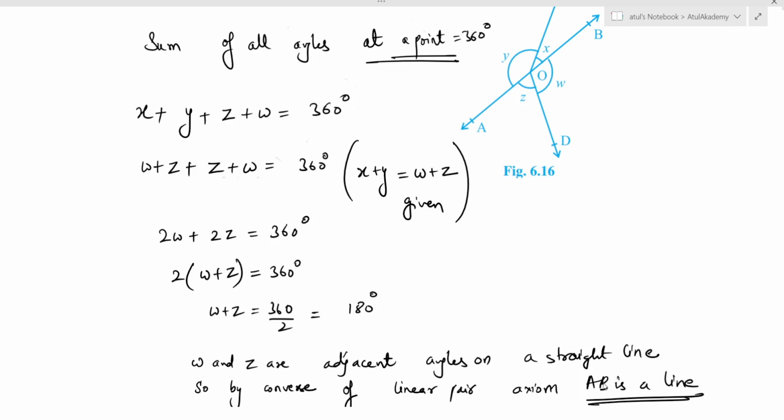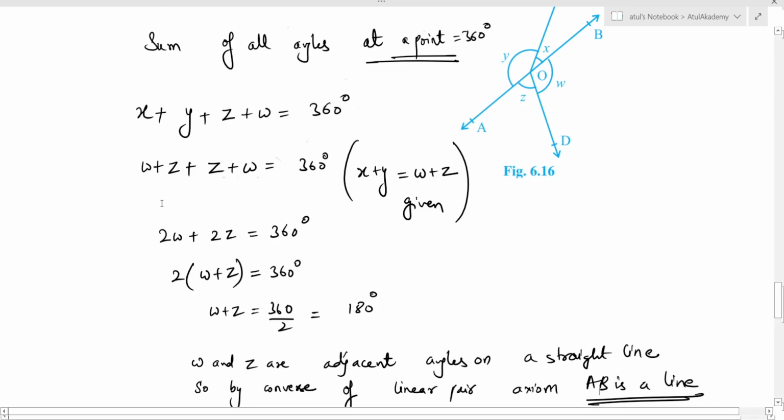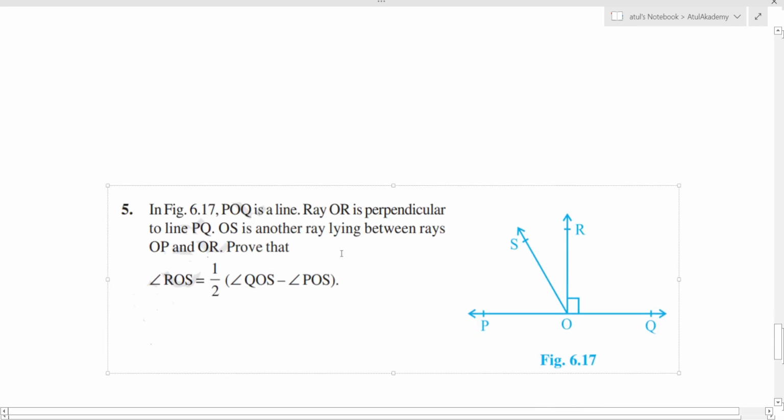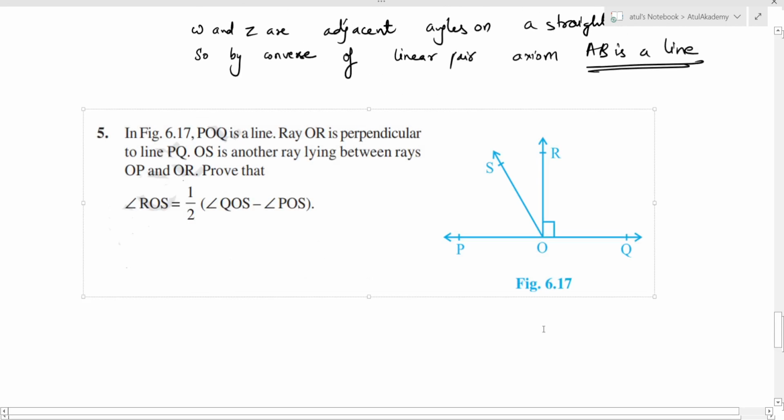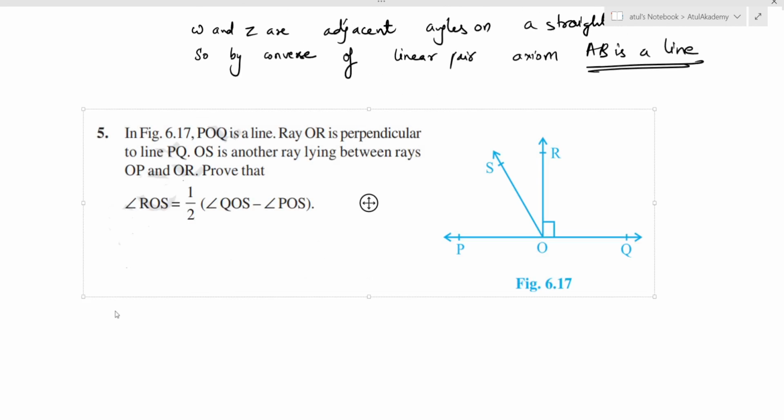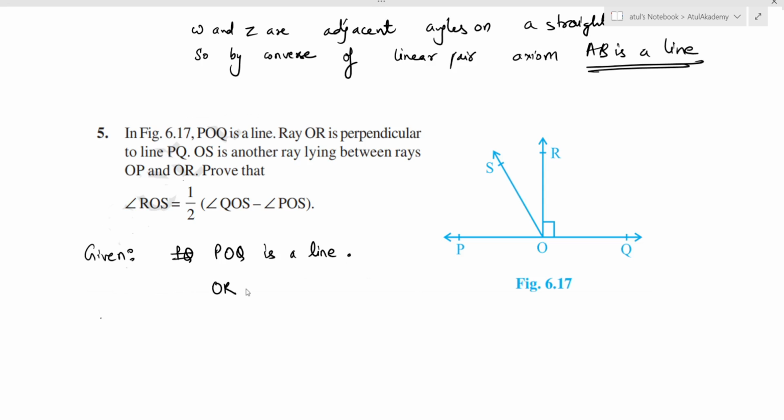Fine, students. Now let's move to the next question. I hope this is also clear. Very important question of the exercise this is. Just understand how we will be solving it. So here, what is given to you? Whenever you have a proving question, what is given to you? POQ is a line, and OR is perpendicular to PQ.